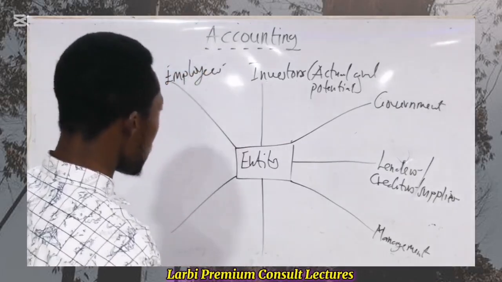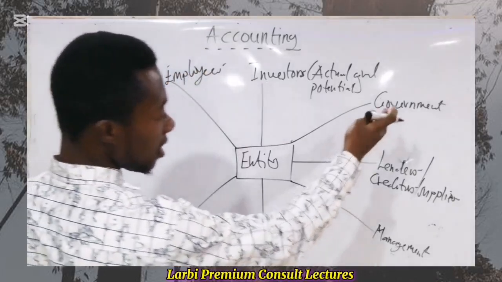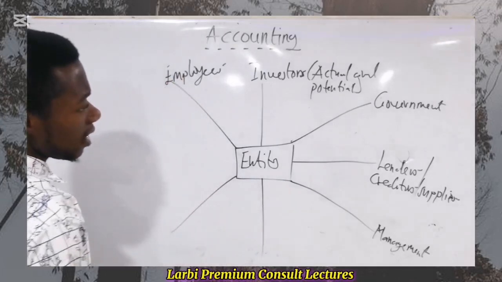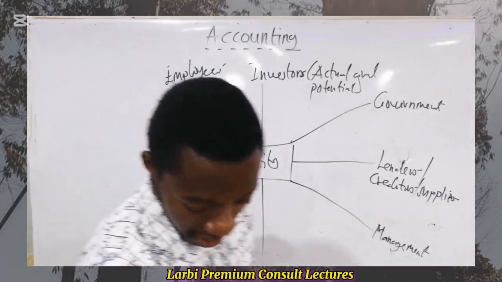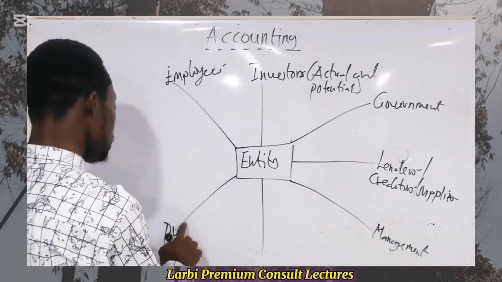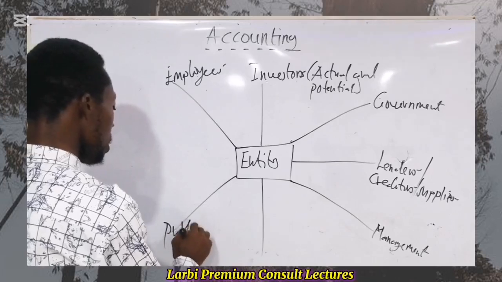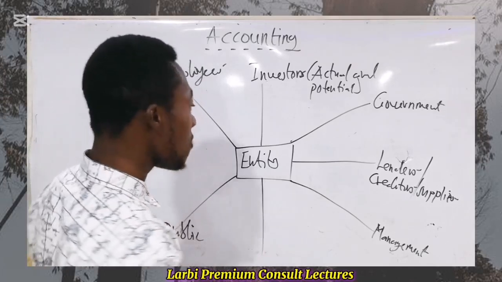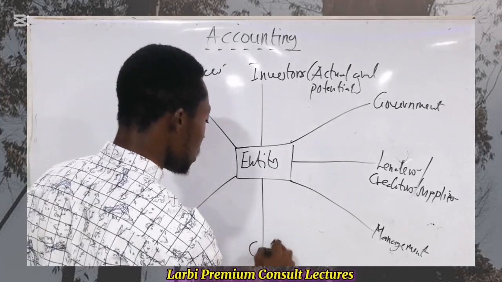We have government, employees, investors, management, lenders. We may also have the general public, who are also captured here. And then we have customers.